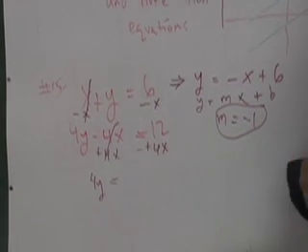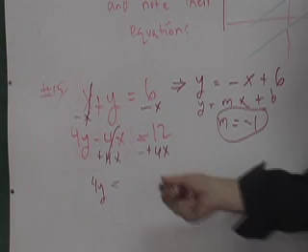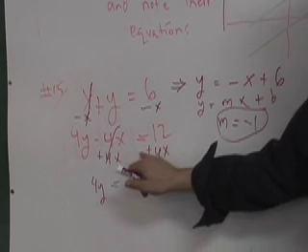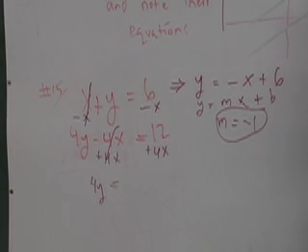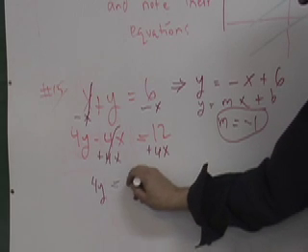Well, here's the thing. We added 4x on both sides, right? Oh, I know. 4x plus 12. Thank you.